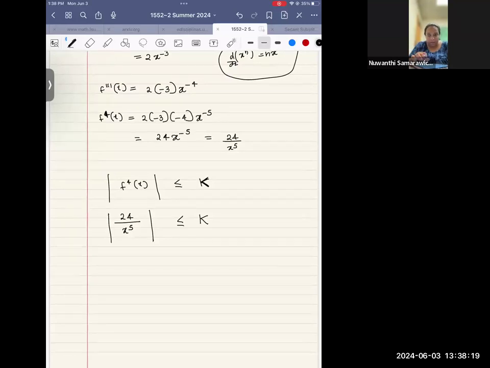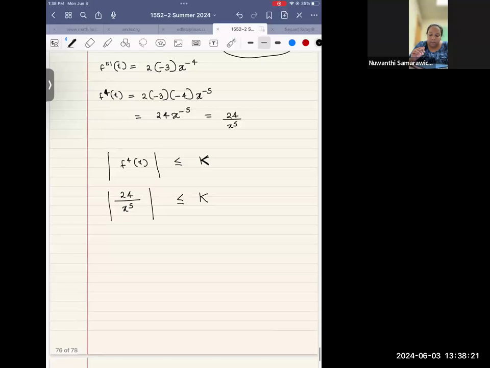So how do we assume a k? We can check by looking at this, because we know x is between 1 and 2. What about 1 over x?